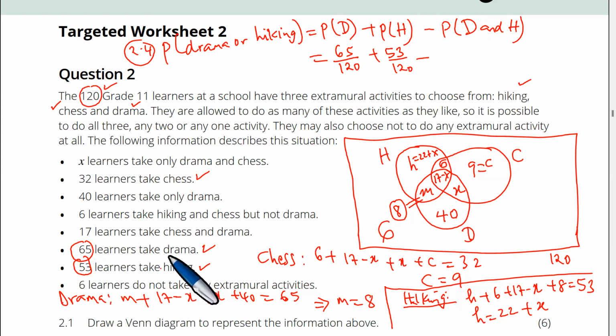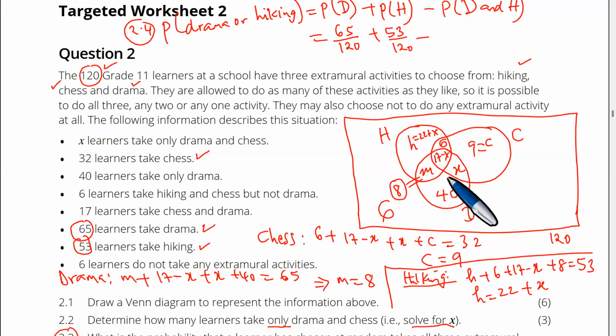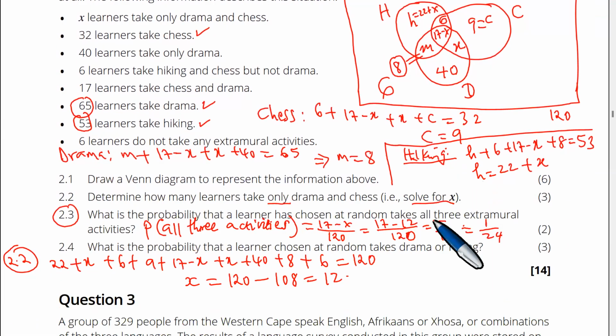So let's look at those that take drama and hiking. When you look at these Venn diagrams here, they take drama and hiking. What did you get M to be? We got M to be 8, and X we got to be 12.